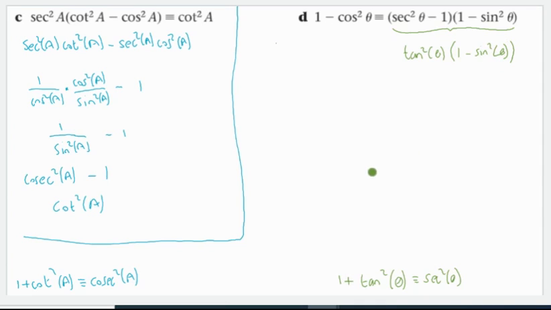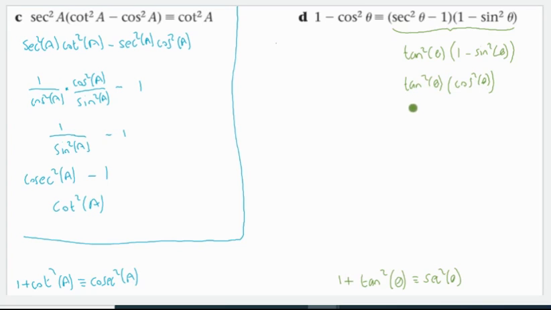Okay, what can I do here? Well, I can change 1 minus sine squared theta for cos squared theta. So this becomes tan squared theta times cos squared theta.